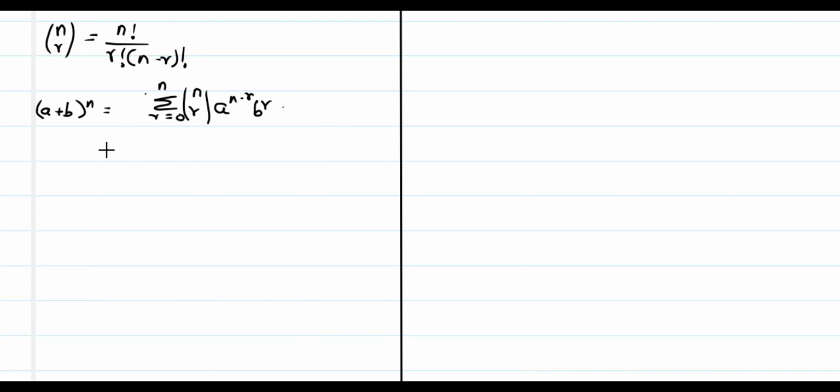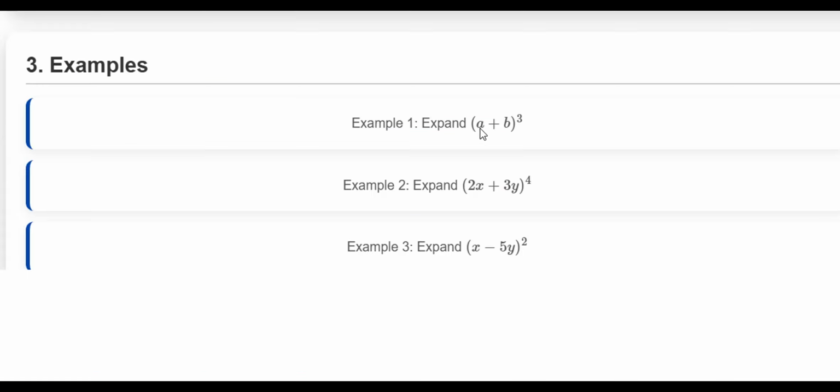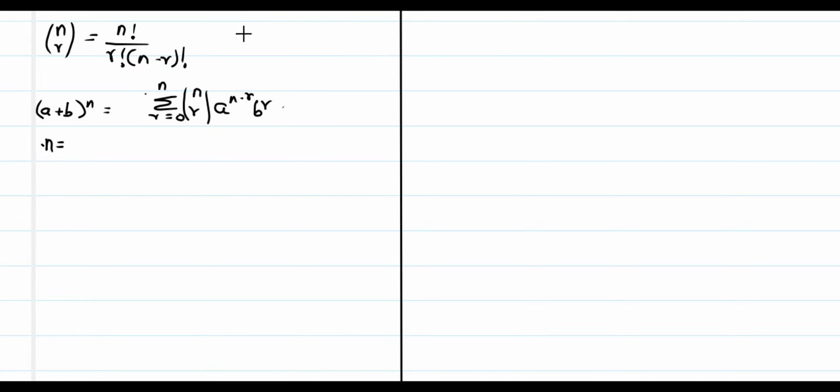And then this n represents the highest power we are given in the problem. For example, if I have the first problem here, a plus b raised to power 3, then n becomes 3.